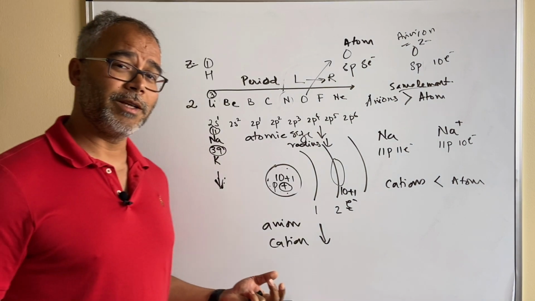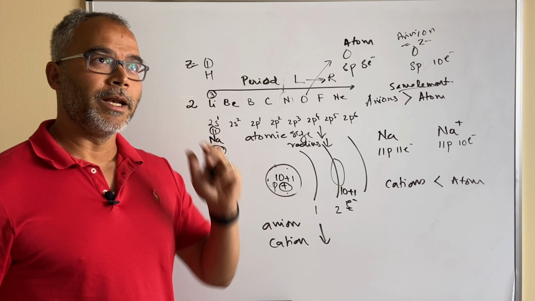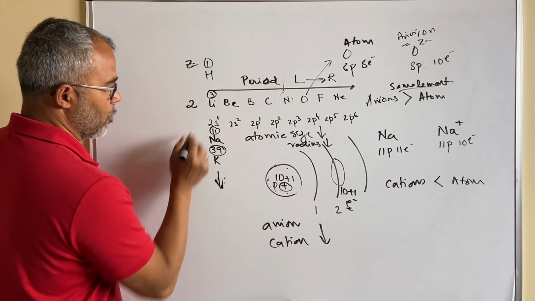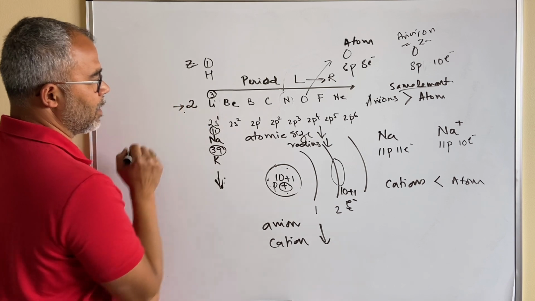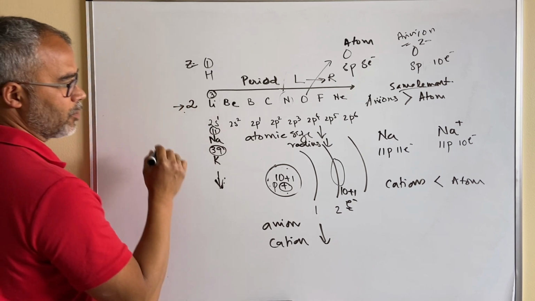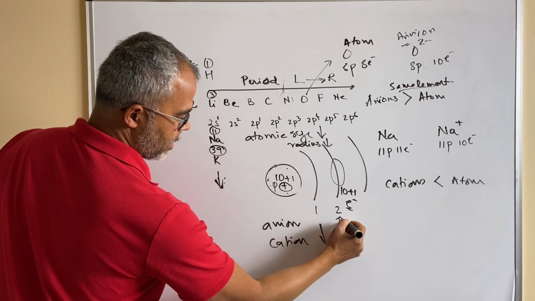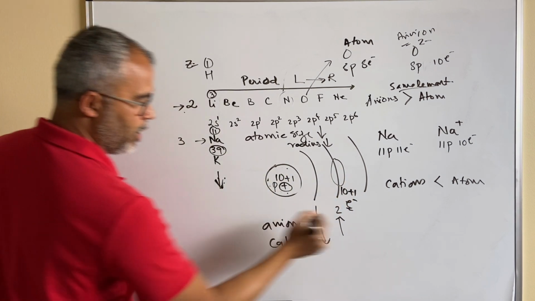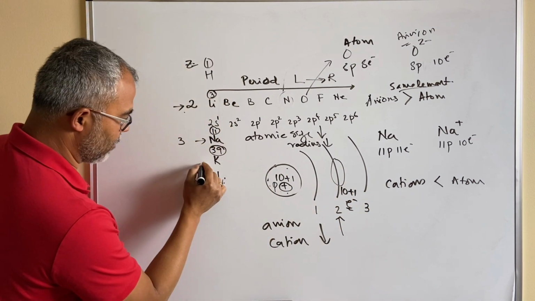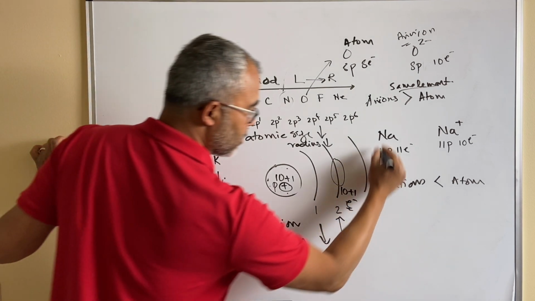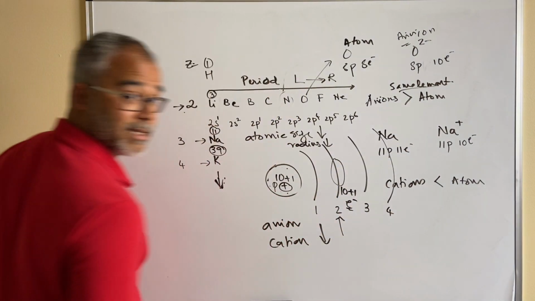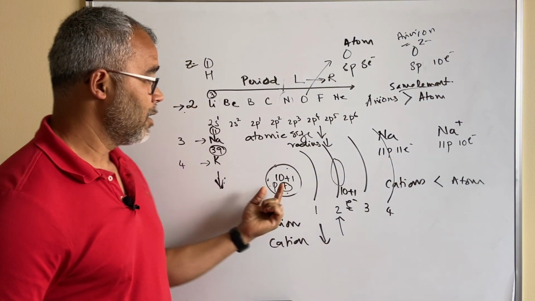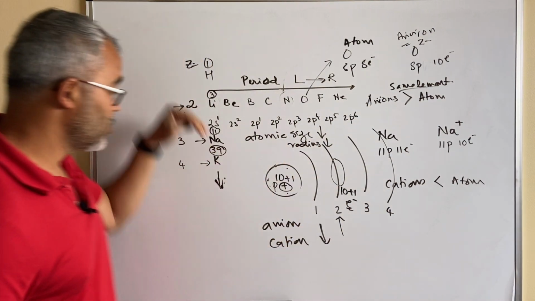But what else is increasing? The number of electrons. Where are those electrons coming in? In the case of lithium, they're coming in principal energy level 2, which is this energy level here in this atom. In the case of sodium, they're coming in at 3. In the case of potassium, they're in 4. We need to create another shell for potassium. As you can see, the layers beyond the nucleus are increasing as you go down a group.